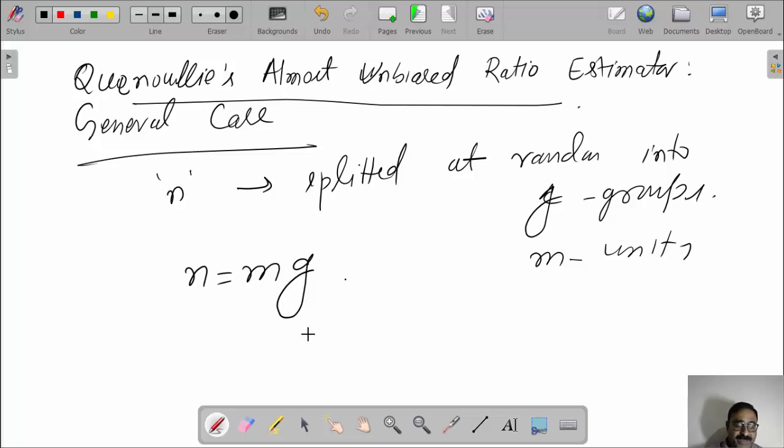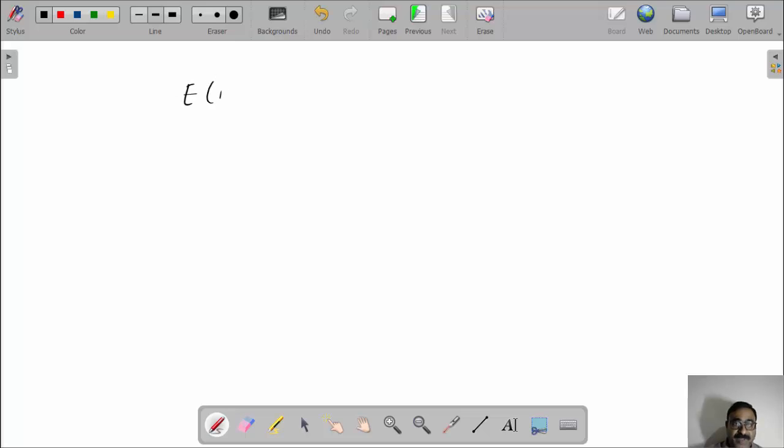Now estimates based upon this approach have been suggested by several authors. Ignoring the finite population correction for the moments, the bias of ratio estimators like r cap, a ratio estimator based upon the sample size n, may be expanded in a series of the form: expectation of r cap equals r plus b1 by n plus b2 by n square and so on.